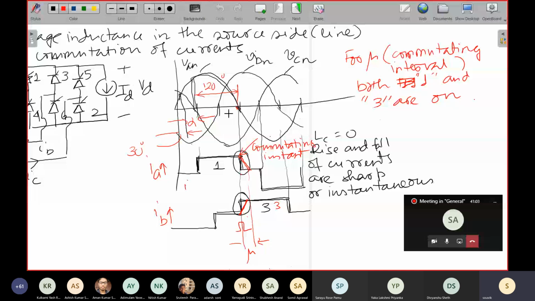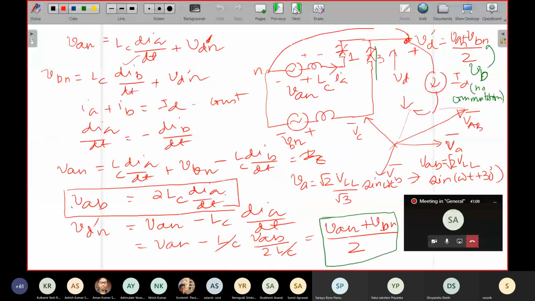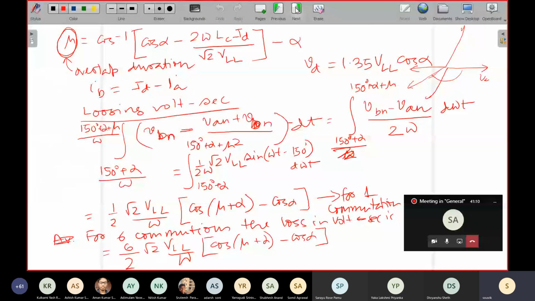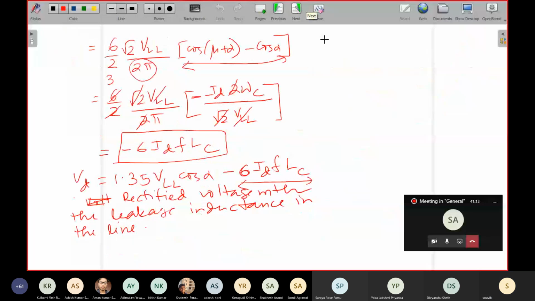Let me try to sketch it one more time. 1, 2, 3, 4, 5, 6.